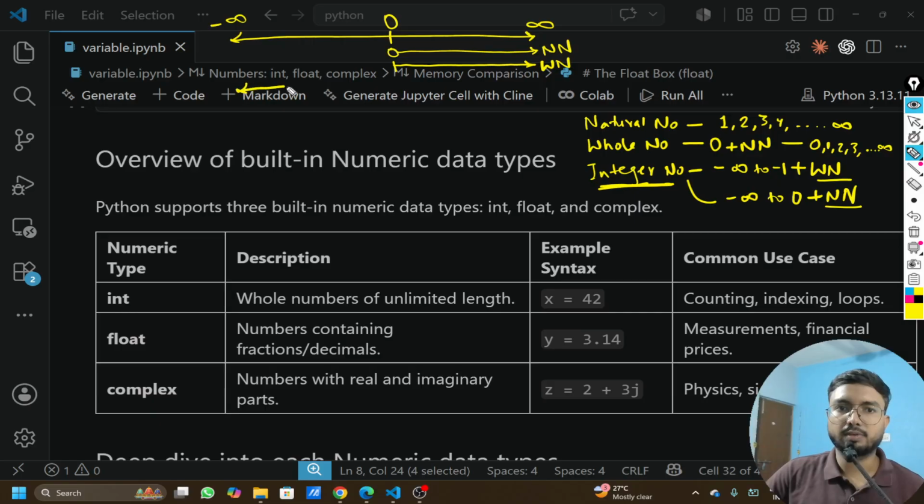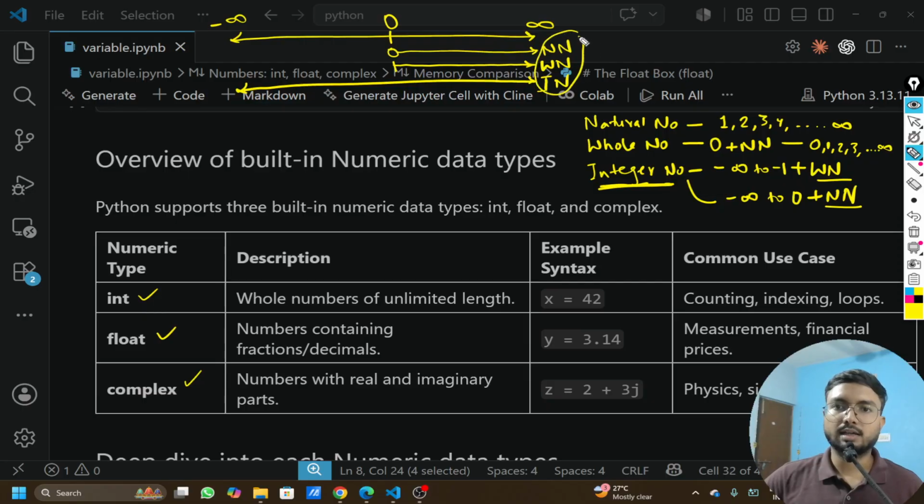And if I cover from here till here, this is my integer numbers. Now I hope you're clear with this concept because it's important to understand it, and only then will you be able to relate to what is int, what is float, and for complex, we will come to that. Now all these come in the integer part only.